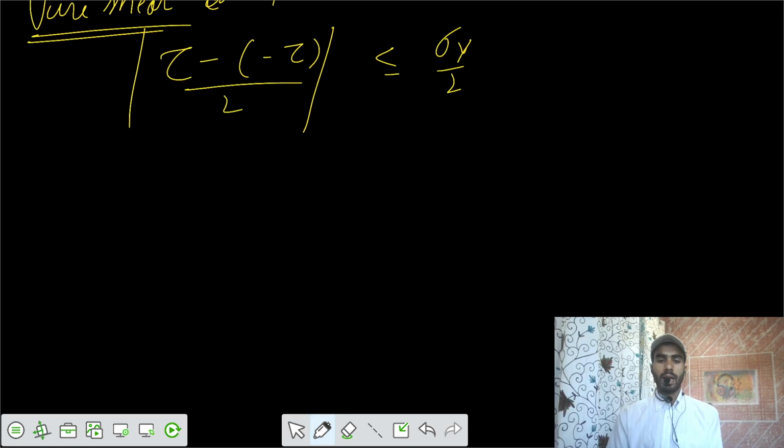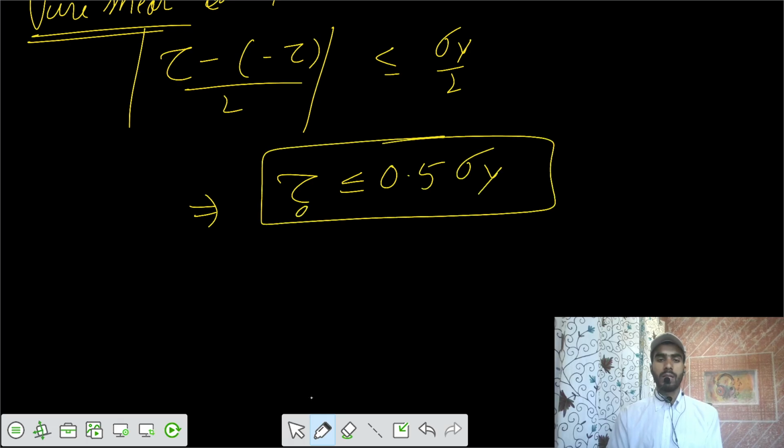So tau should be less than or equal to 0.5 sigma y. That means it allows only a shear stress less than 0.5 times the yield stress sigma y.